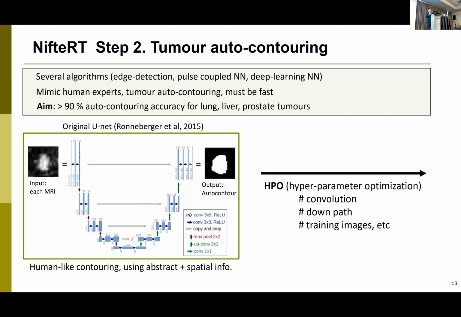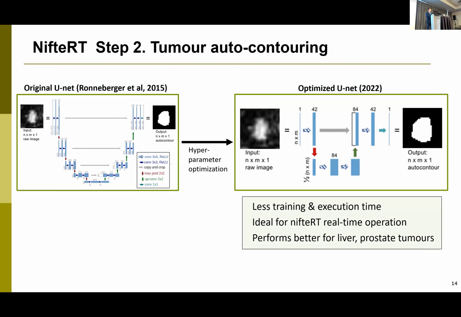So we were optimizing parameters like the number of convolutions, number of down paths, and number of training images, and then found a very simple structure. This is just one example because each patient has its own structure.